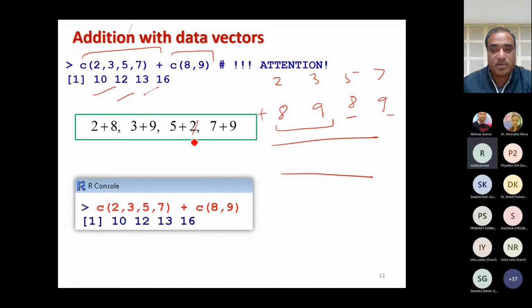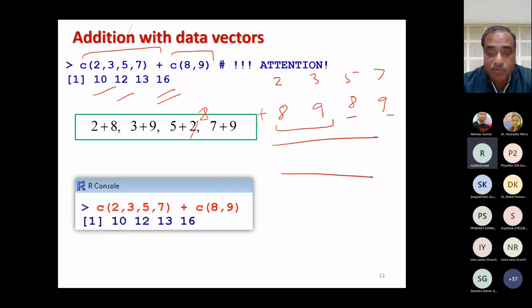Yeah, here it should be 8, please correct it. And then 7 plus 9 is equal to 16. Right, so this is how it actually works. If the number of elements in the second data vector is not equal to the number of elements in the first data vector, then R works in a very different way.